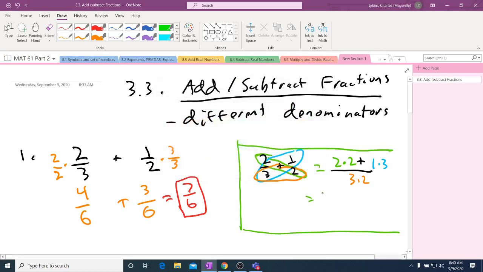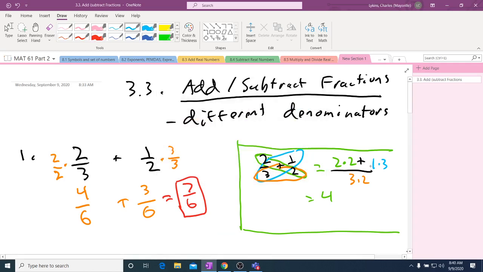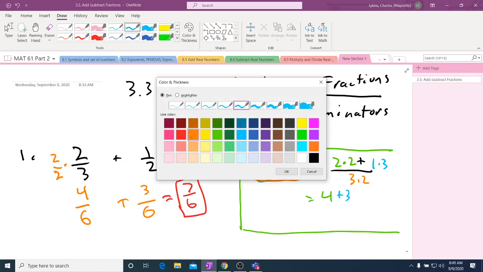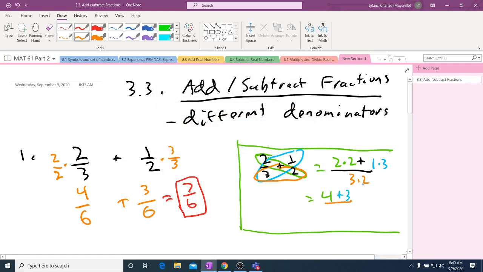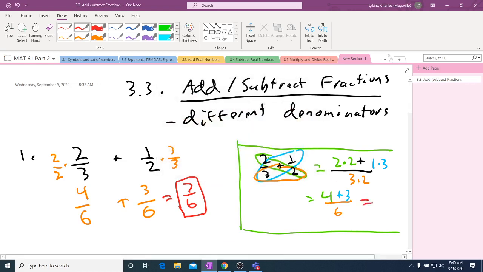So 2 times 2 is 4. 1 times 3 is 3. And 3 times 2 is 6. We add those together, look what we get. We get the exact same 7 over 6 as we did with the first method.